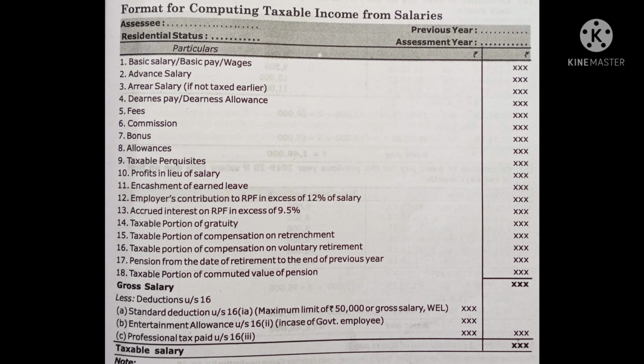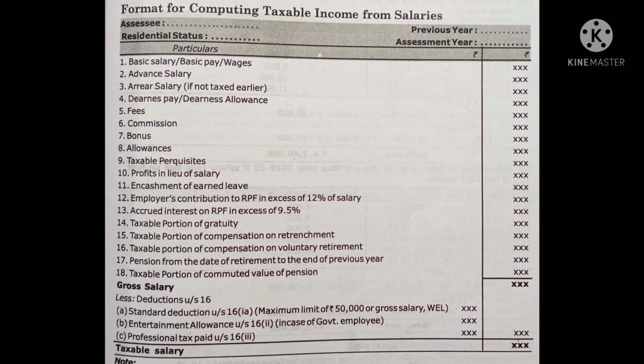Next, dearness pay or dearness allowance, fees, commission, bonus, allowances, taxable perquisites, profits in lieu of salary, encashment of earned leave, employer's contribution to RPF, that is Recognized Provident Fund, in excess of 12% of salary, accrued interest on RPF in excess of 9.5%, taxable portion of gratuity, taxable portion of compensation on retrenchment, taxable portion of compensation on voluntary retirement, pension from the date of retirement to the end of the previous year, then taxable portion of commuted value of pension.